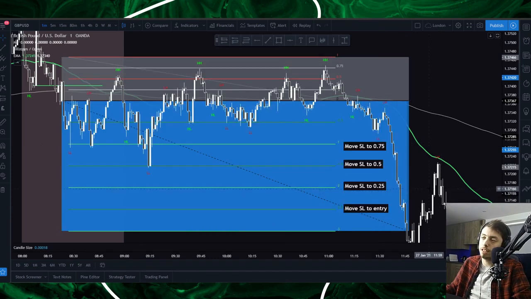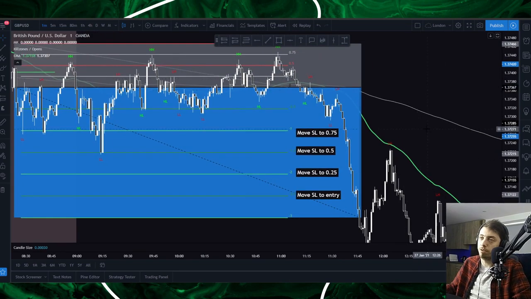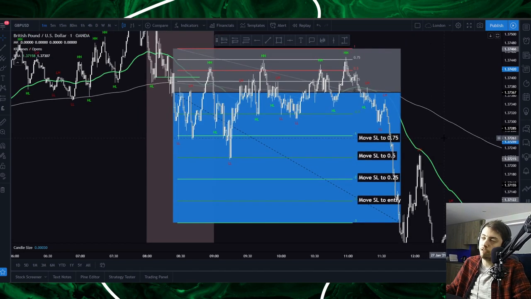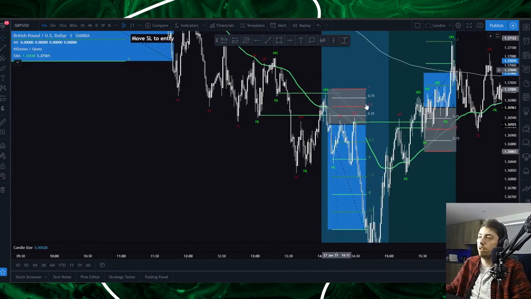So once we get down to 2, I will just move it to 0.75, and then 2.5 I'll go to 0.5. I'm not really that fussed about going to break even. I know that some of you are, but I'm not. So this is one of those areas where you guys can choose to do this or not. It's up to you, okay? But this is the basic strategy that we're looking for.